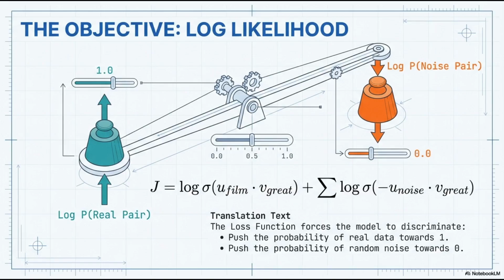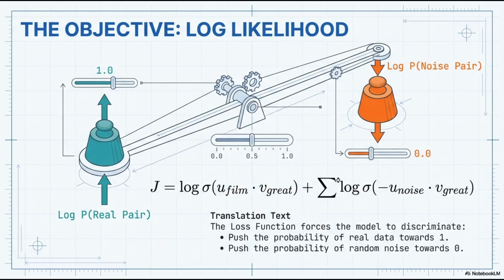This leads us to our final objective function, or the loss function. We use negative log likelihood. It may look scary, but it's very simple. We just take the log of the probability of the positive pairs. We want this to be high, and then we add the logs of the probabilities of the negative pairs.